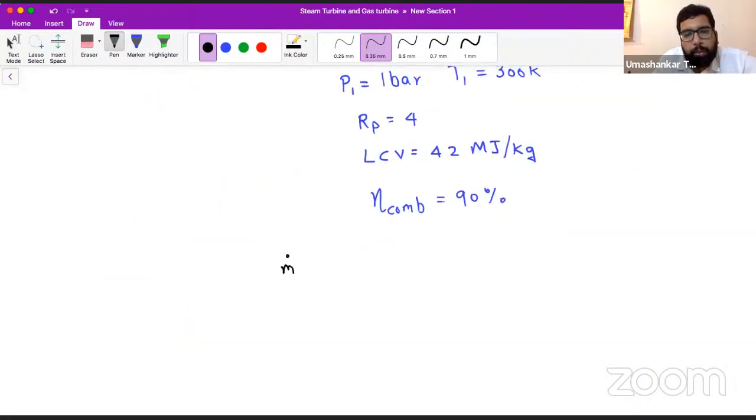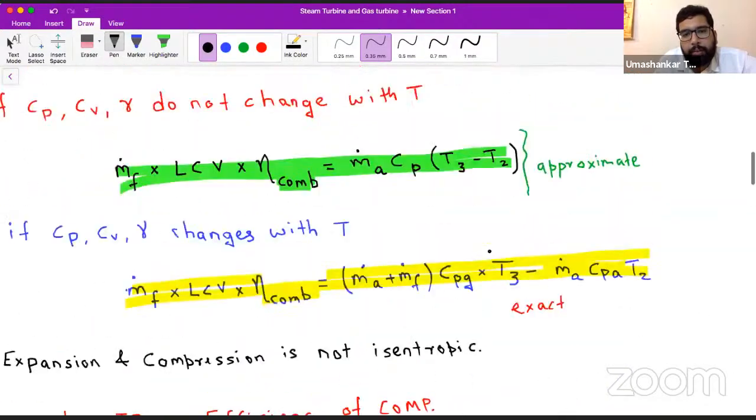If we use that exact solution, we have m dot f into calorific value into combustion efficiency is equal to m dot a Cp (T3 minus T2). This is what we have written over there, no?